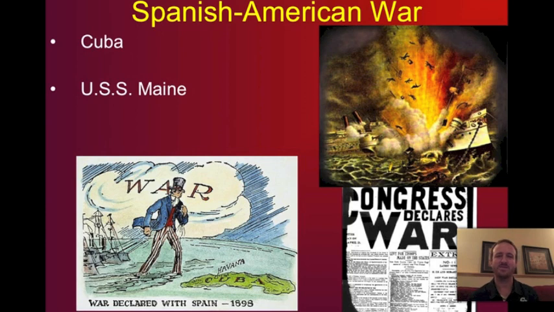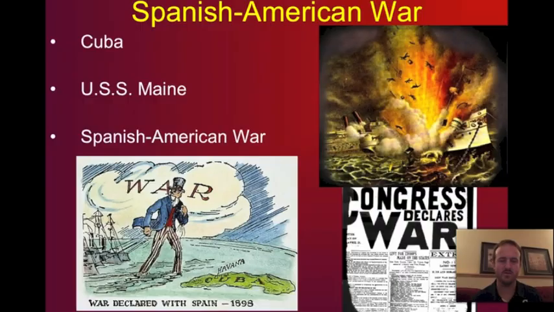But that is one of the main reasons that we do go to war against the Spanish in Cuba in the year 1898. So, in 1898, the Spanish-American War begins. And at this time, the Spanish are a weaker global power.